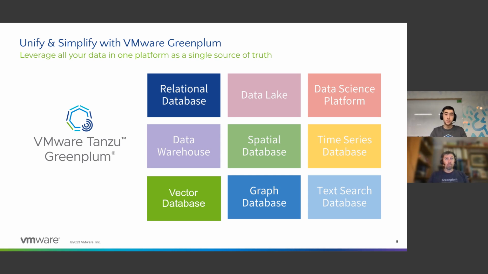We also have time series database capabilities because we can handle real-time data at large scale. We can actually stream from 5 to 10 million rows per second into the Greenplum database. And we also have text search capabilities. Yeah, the text search is widely used by lots of our customers, again, in various security applications as well.